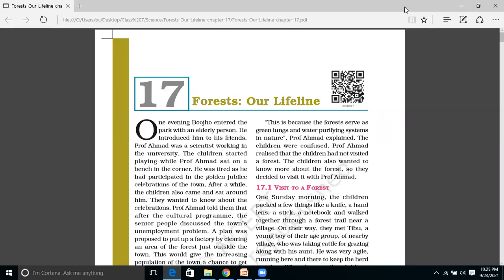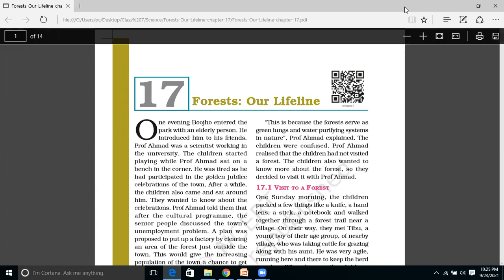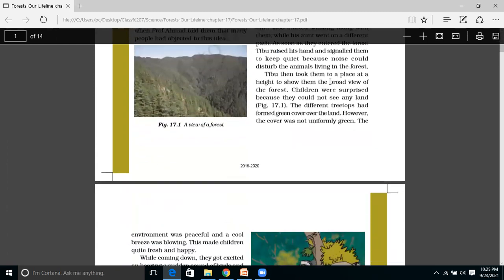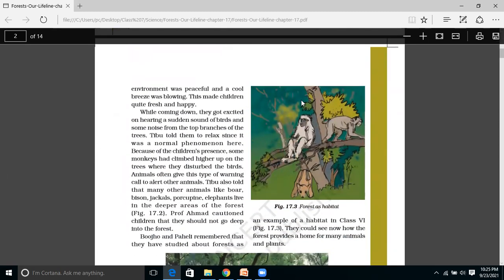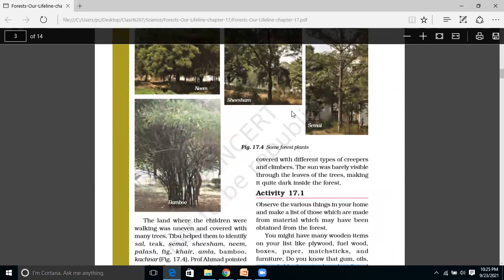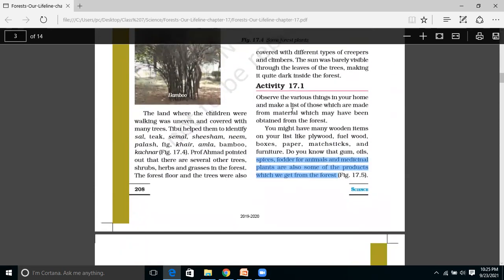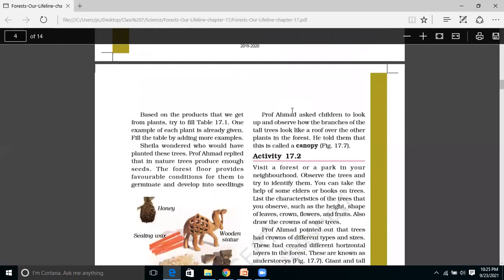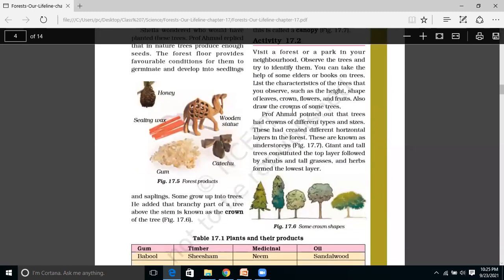Hello students, let us continue to learn about the lesson Forests Our Lifeline. In the previous class, we had visited the forest, and we had seen how pleasant it was to be in a forest, how the animals had got excited on seeing the students visiting it, some of the animals, the trees, then we saw the uses of the forest, then we saw the crown, how the branches have crown.